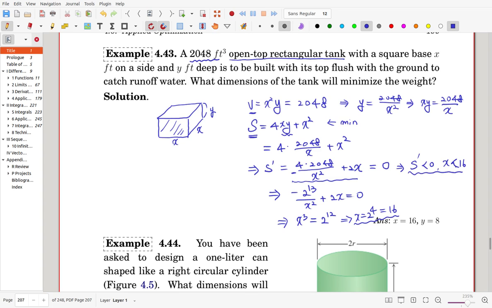And then S prime is larger than 0 when x is larger than 16.